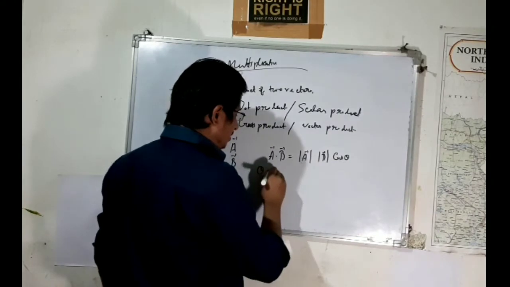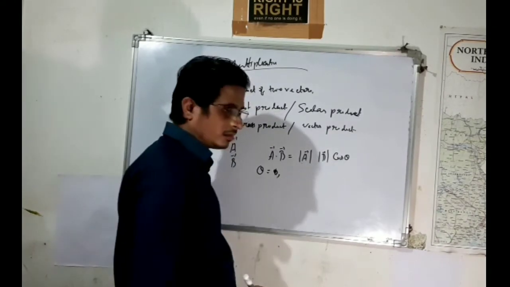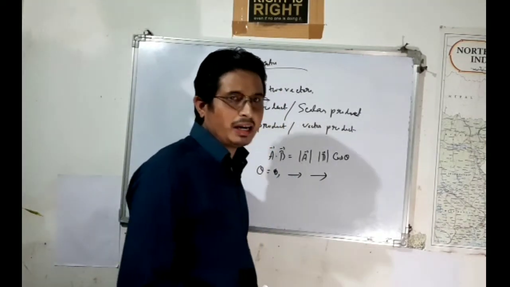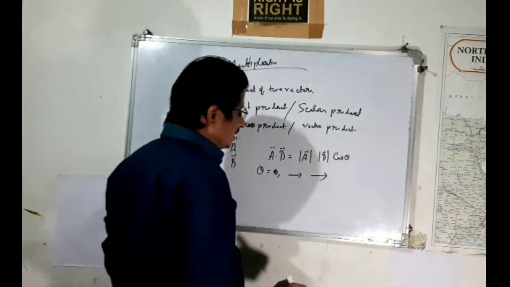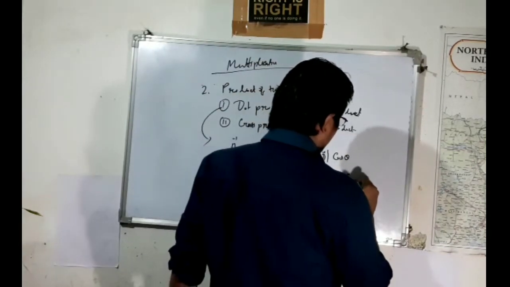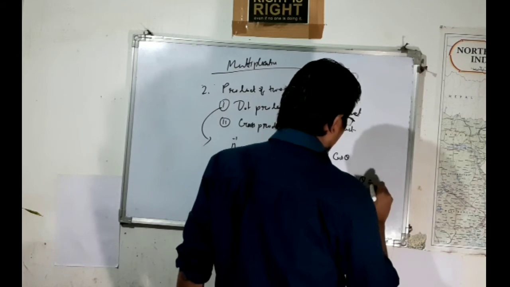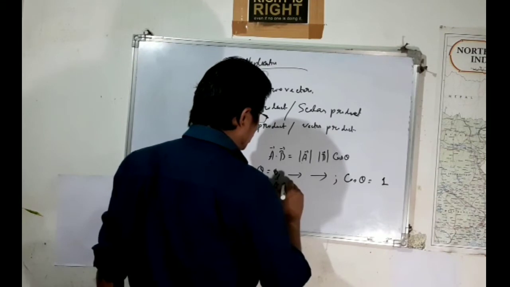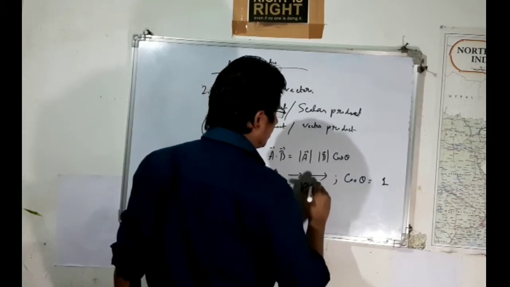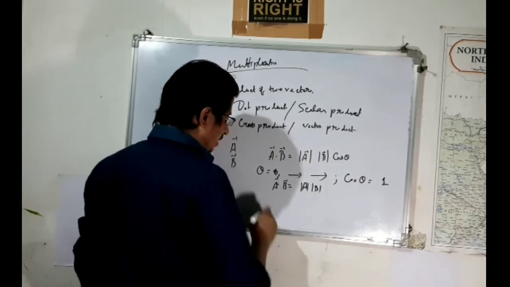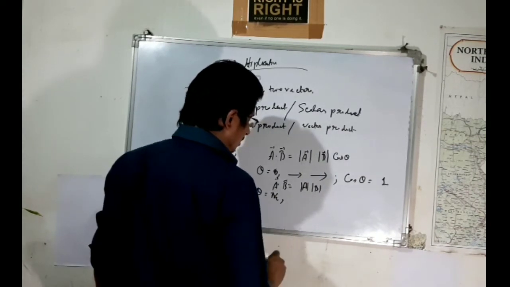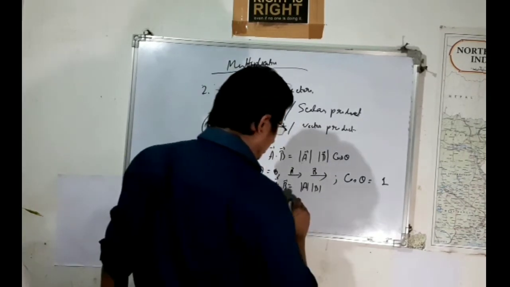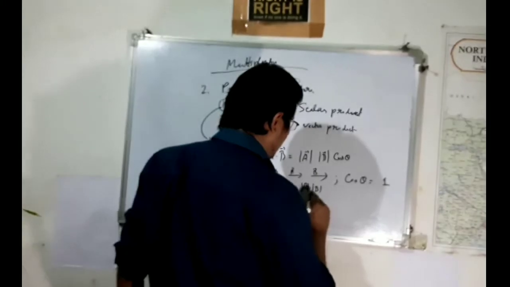If theta equals 0, it means A and B are on the same line, or they are parallel. In this case, cos theta equals 1. So A dot B is simply the product of their moduli. If theta equals pi by 2, one vector is perpendicular to the other.